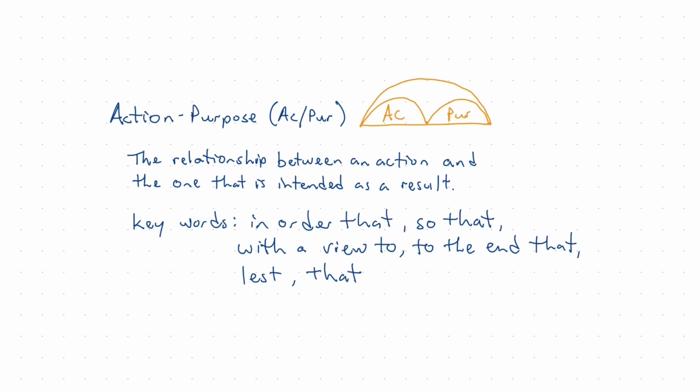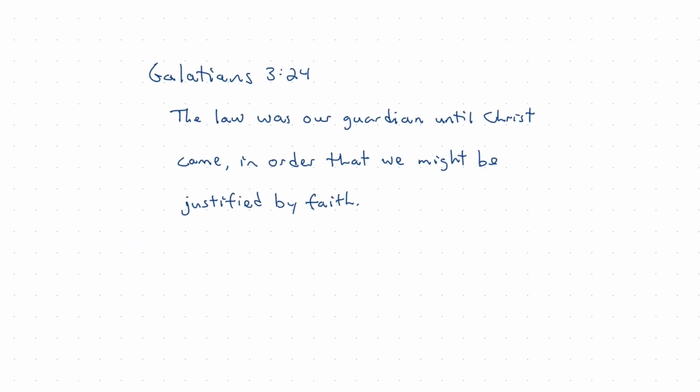There's an action and then one that is intended as a result, or a purpose that is intended as a result of that action. Let's take a look at an example of this in Galatians chapter 3, verse 24.